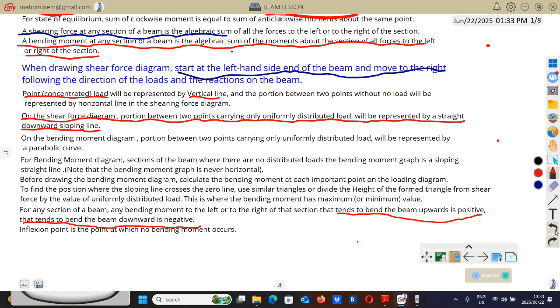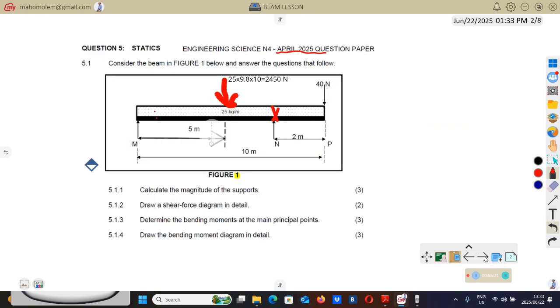So the simple one, actually I wrote 2 methods, but the simple one that I'm talking about here is this one: divide the height of the formed triangle by what? By the value of the uniformly distributed load. So I'm going to do that now.